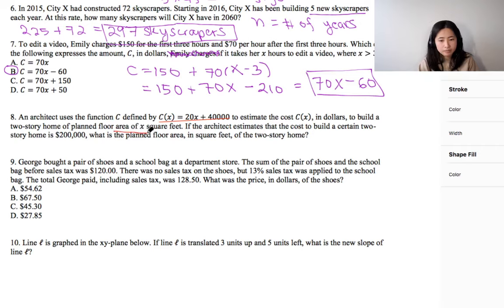Now, the architect is telling us that if you want to build a 2-story home, it costs approximately $200,000. Now they're asking what is x, what is your planned floor area? So all you have to do is plug in $200,000 in C of x.